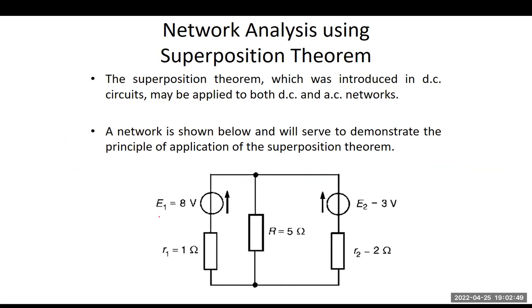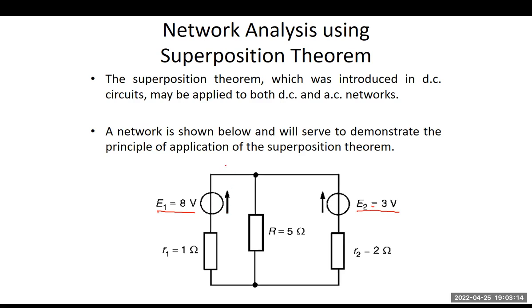We have a network here that will serve to demonstrate the principle of application of the superposition theorem. We have E1, a voltage source of 8 volts, and another voltage source here, E2, which is 3 volts.